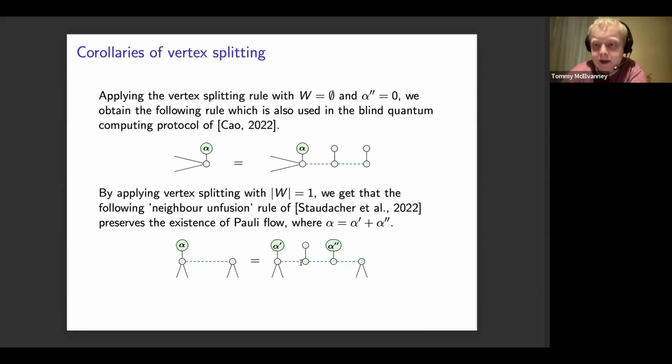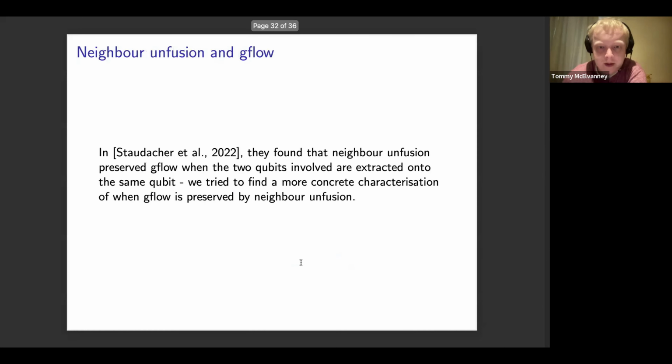And so it became an interesting question of when does this preserve G-flow? So in their paper, they claimed that neighbor unfusion preserved G-flow when the two qubits are extracted onto the same qubit. And while this is a nice heuristic, it's not a very solid thing.